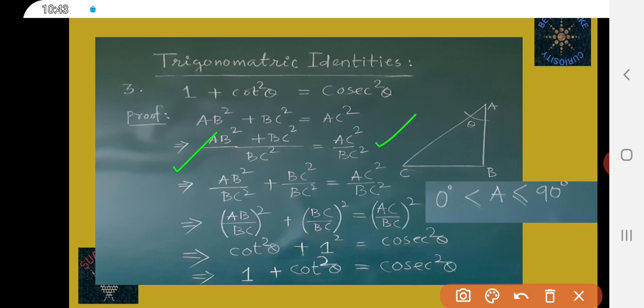Here you separate the terms: AB square by BC square, BC square by BC square, AC square by BC square.